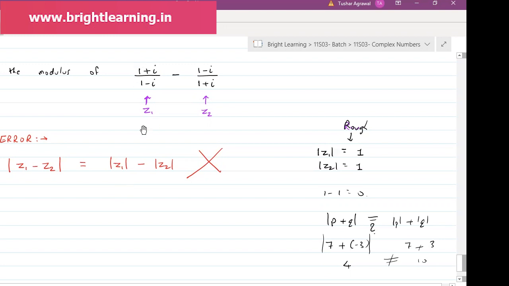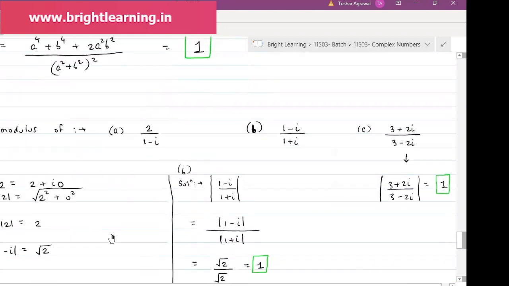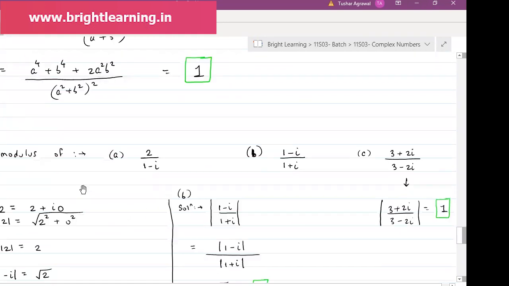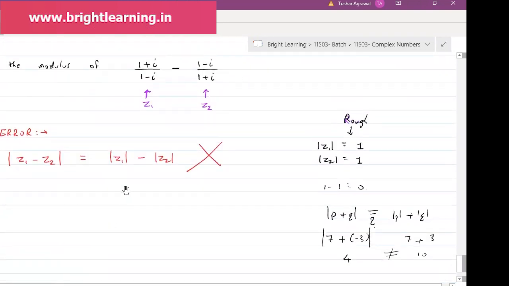So how to do it? We have to just use the same formula. We will convert it into x plus iy using the clerical method. You have to find the real part and the imaginary part, and then squares and addition, modulus. So z is equal to (1 plus i) upon (1 minus i) minus (1 minus i) upon (1 plus i).